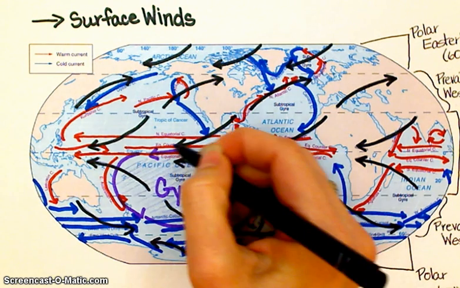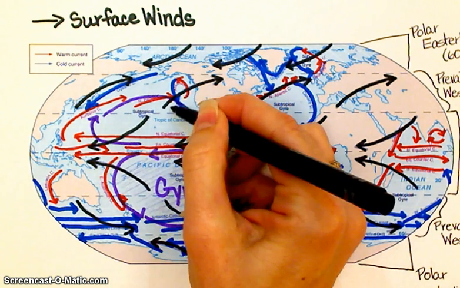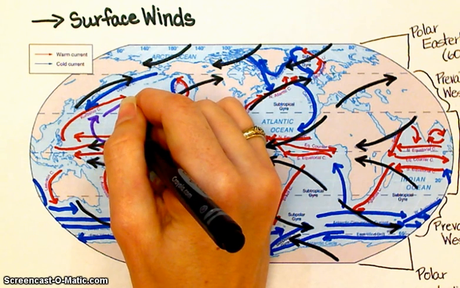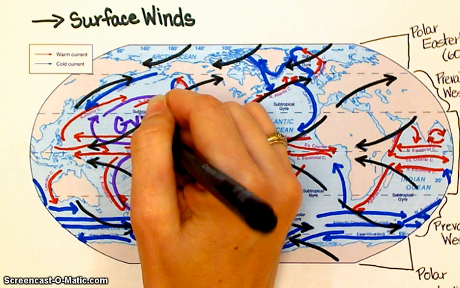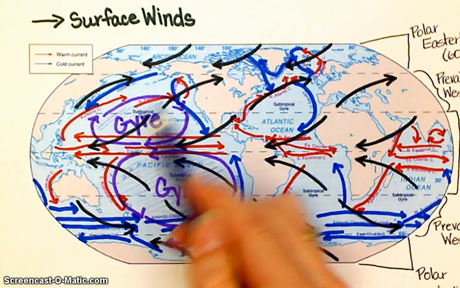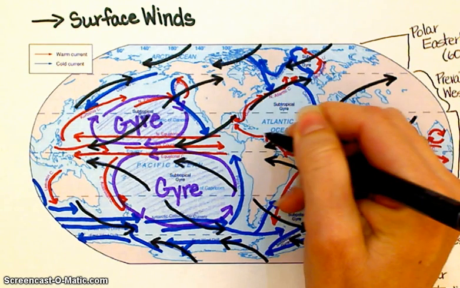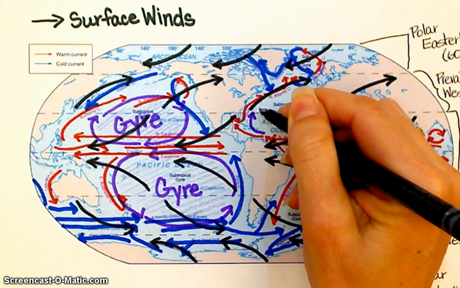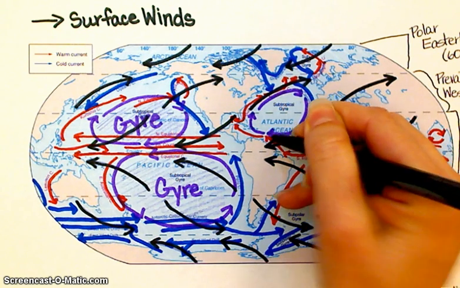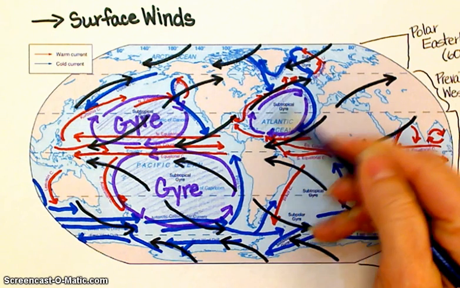Up here in the northern part of the Pacific Ocean, we have another circulation. That's the North Pacific gyre. Over here in the Atlantic Ocean, we have another circulation. Again, it's using both warm and cold ocean currents. So there's the North Atlantic gyre right there.